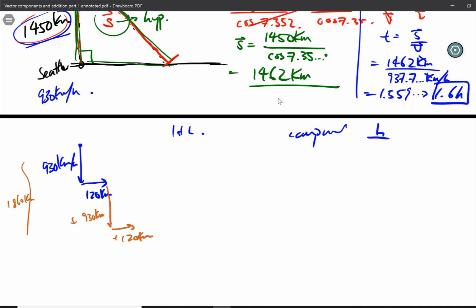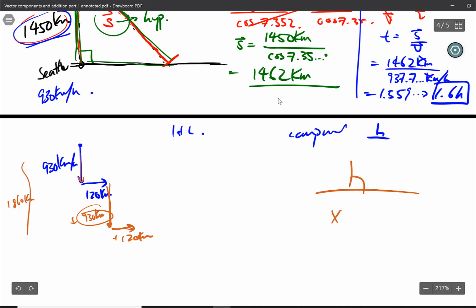But you can see how if the plane's going south, it's not going to go south at a larger velocity than when it started, even when there's wind blowing towards the east. It's not like I'm adding 120 kilometers to the 930 kilometers. And the reason why is because they don't belong in the same axes. They don't add to one another.